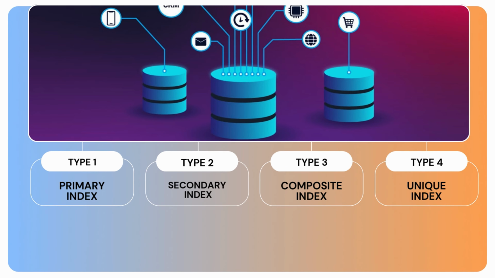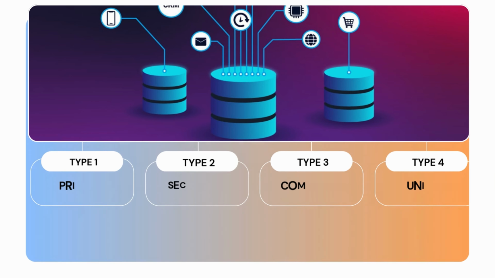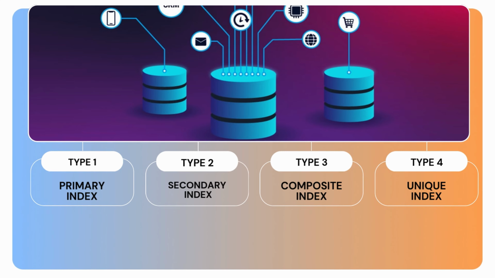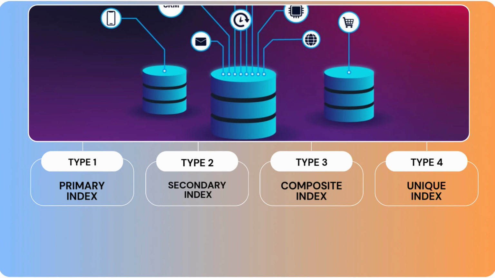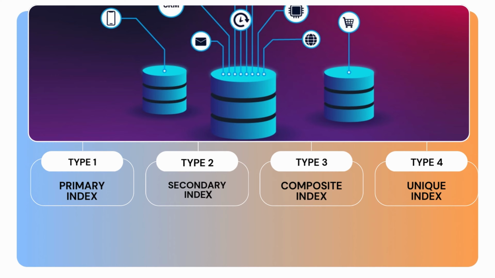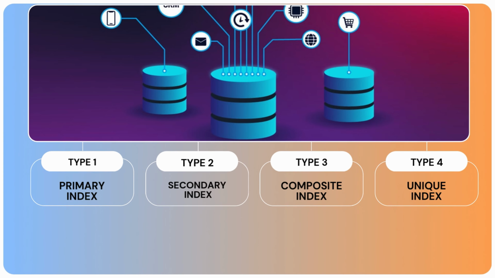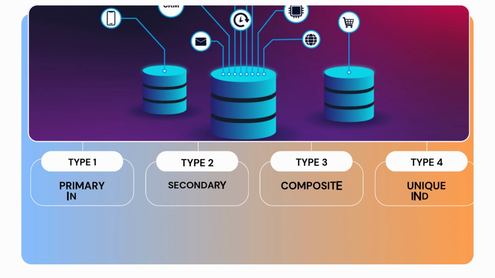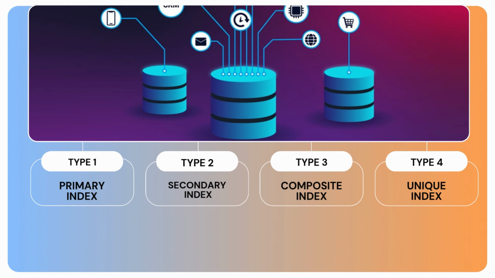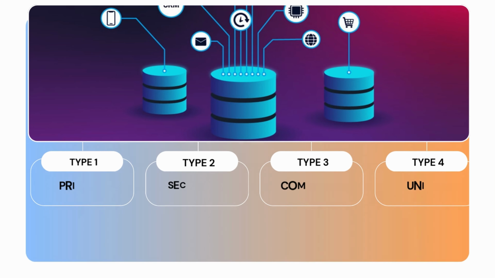We also have the composite index. This is an index built on multiple fields, for example, first name plus last name. When you want to use a composite index, the order really matters, because name and age is not the same as age and name. So you need to get that right.